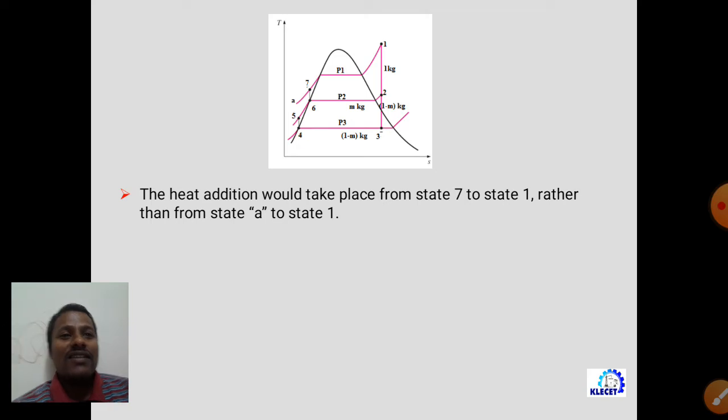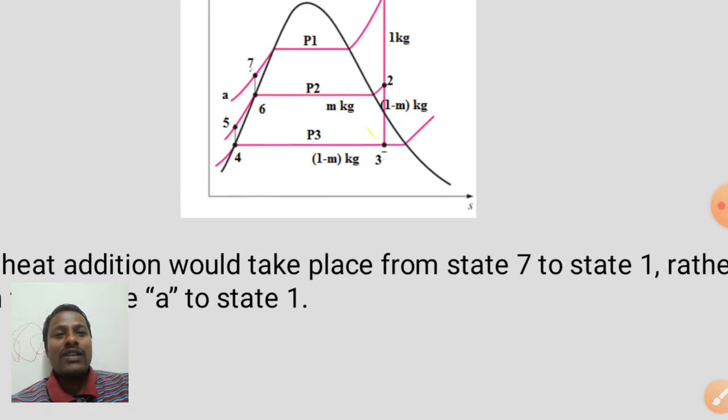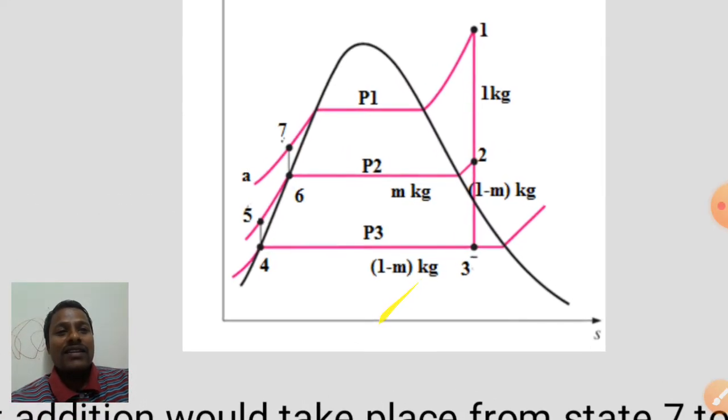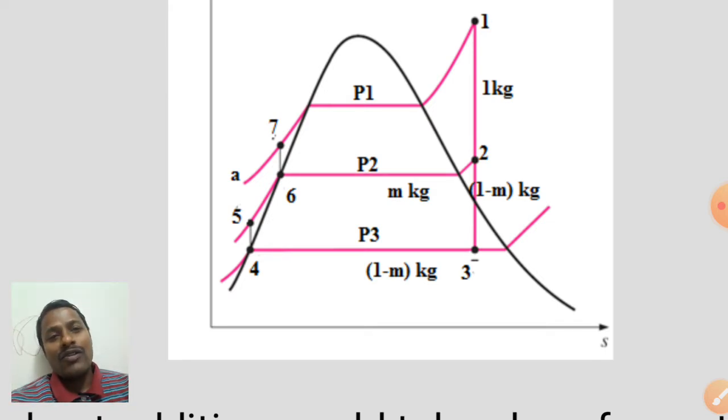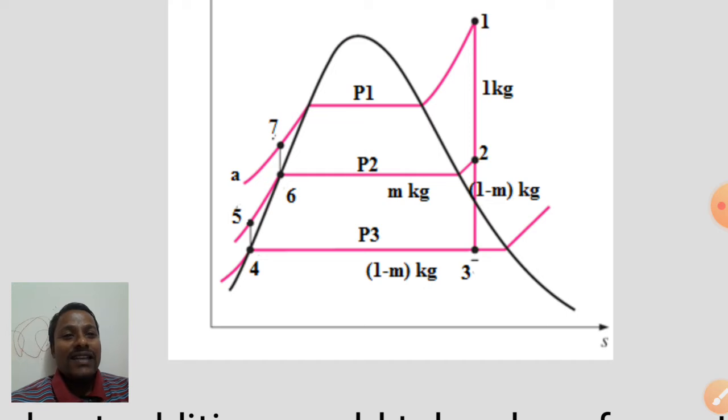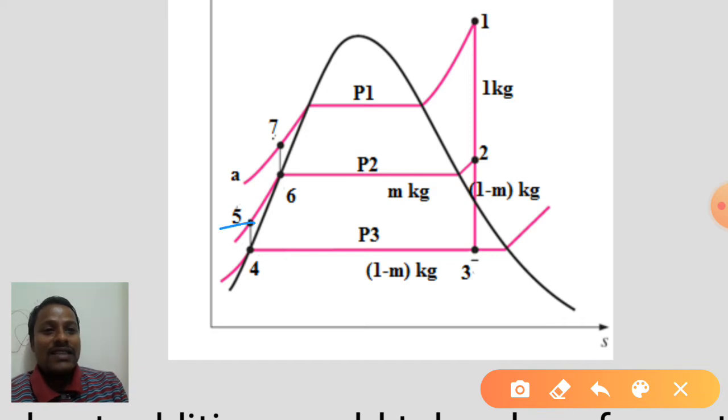Here, if we observe the TS diagram, if there is no regeneration, then the temperature of heat addition into the cycle is between state 5 and state A. So this would be the temperature at which we would add the heat energy.